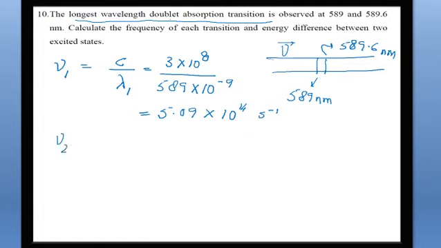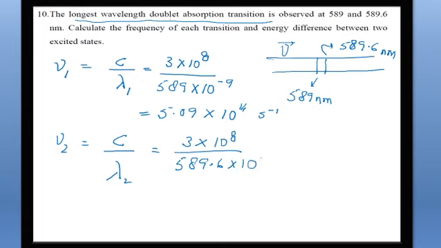What is the second frequency? In a similar fashion, c by lambda 2, that is 3 into 10 to the power 8 upon 589.6 nanometers, that is 589.6 into 10 to the power minus 9. You just divide them, and I'm going to use my calculator.